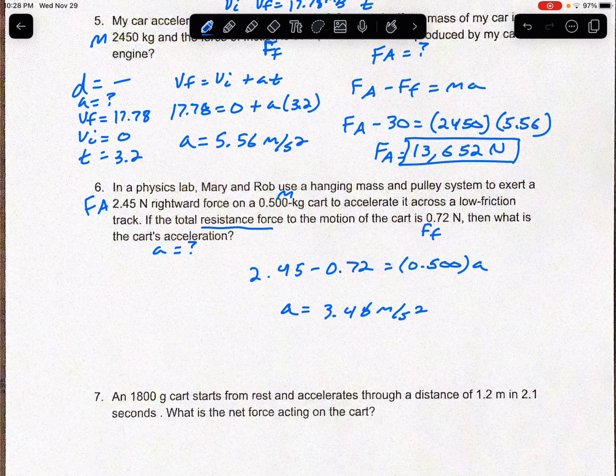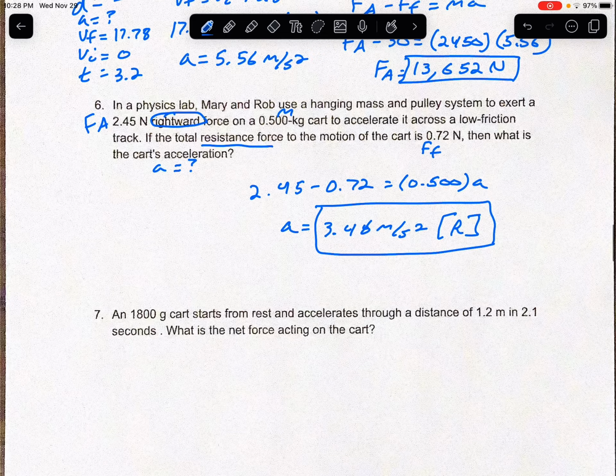Now, it did mention a rightward force, so that is your direction. So we're just going to throw that right in there to make sure we know direction.